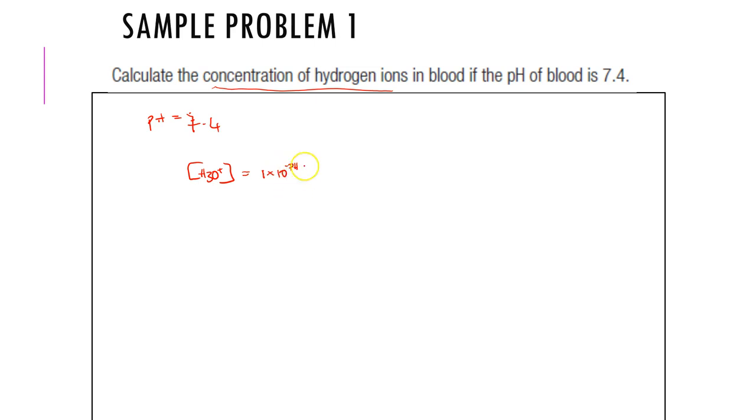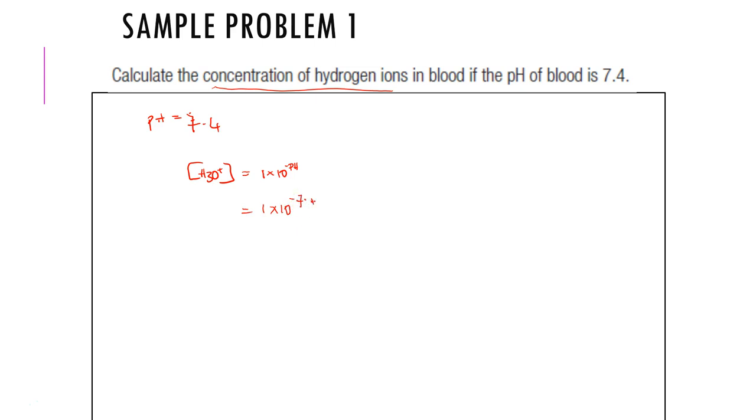In this case, if my pH is 7.4, then my concentration is going to be equal to 1 times 10 to the negative 7.4.